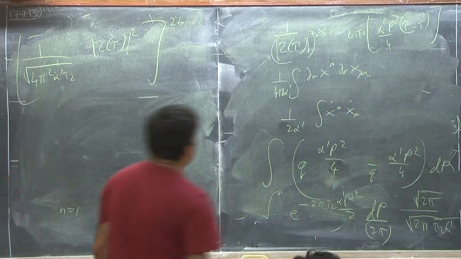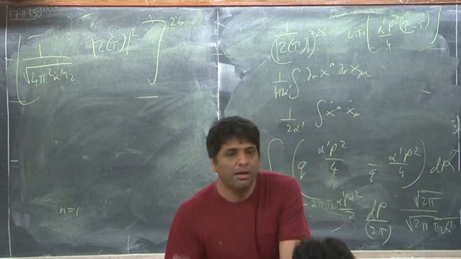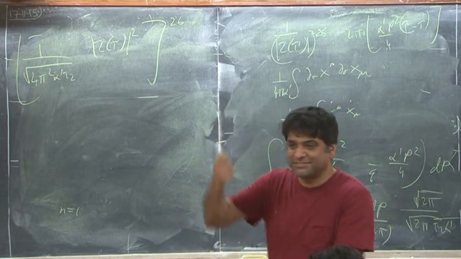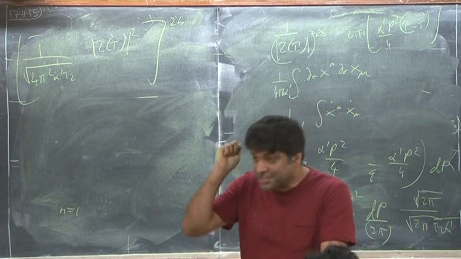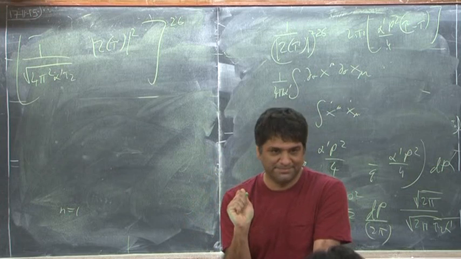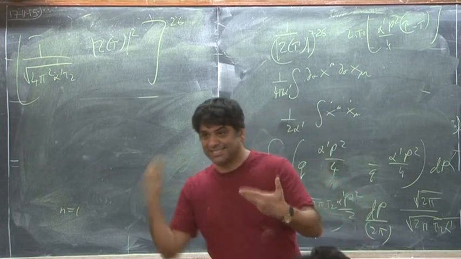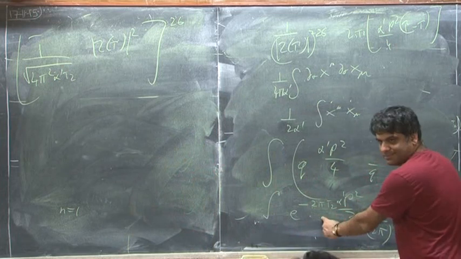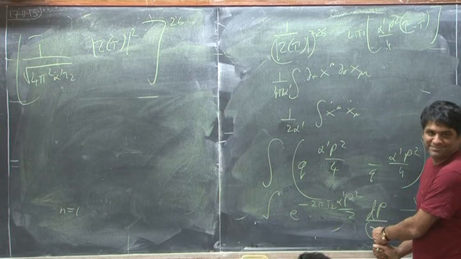In many places in actual computations of partition functions, I don't care about factors because it's very hard to keep track of all of them. But once you reinterpret a partition function as a trace, then it is possible to keep track of each factor. Because the density of states for a free particle in normalized quantum mechanics is dp by 2 pi.